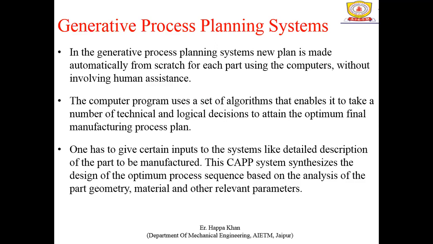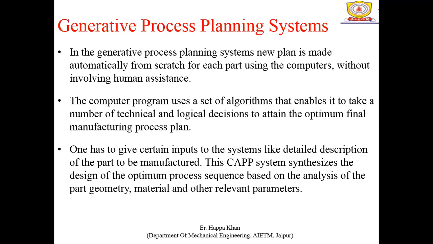The computer program uses a set of algorithms that enables it to take a number of technical and logical decisions to attain the optimum final manufacturing process plan. So the software will consist of various algorithms.